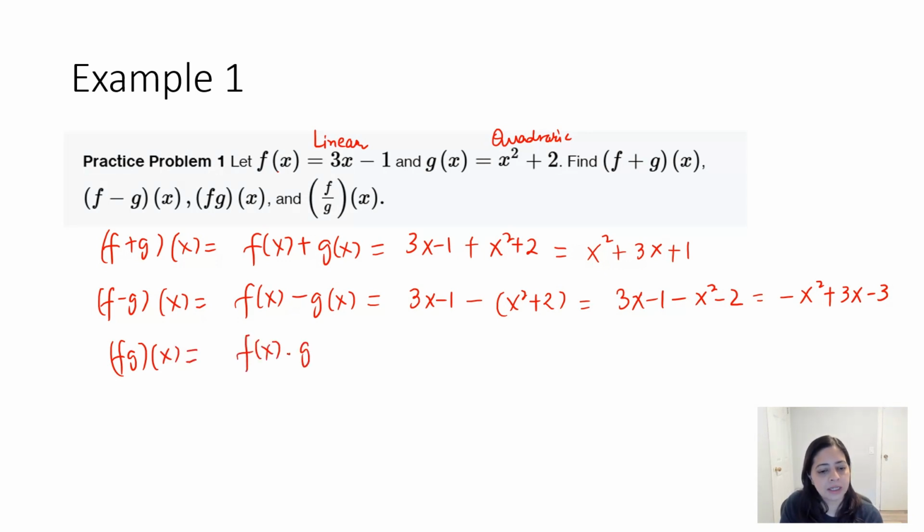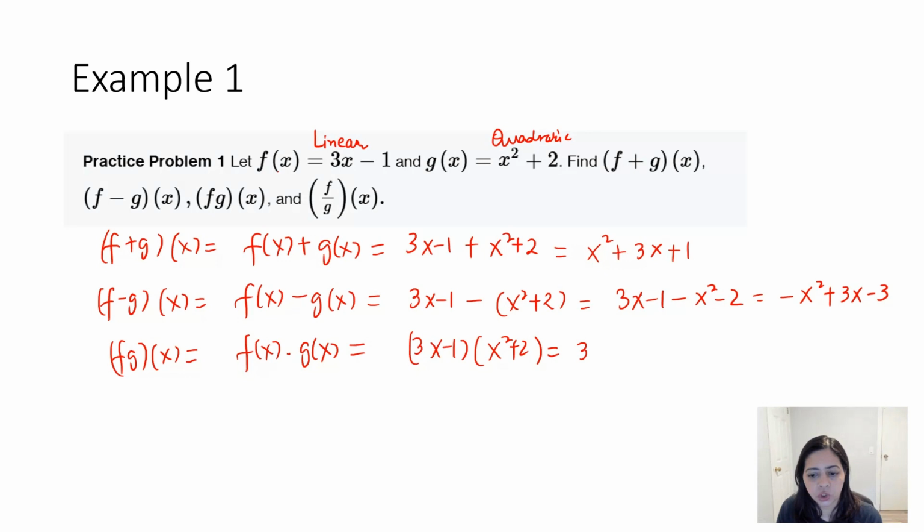f(x) times g(x). Now f(x) is 3x minus 1, g(x) is x squared plus 2. So this time you have to do the multiplication of two binomials. You can use the FOIL technique or whatever technique you know to multiply two algebraic expressions.